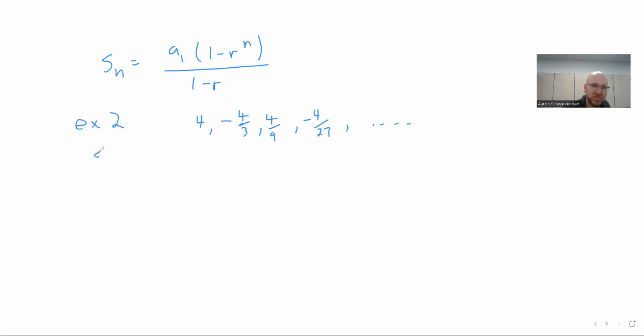I know the first value is 4, not 1. My common ratio appears to be negative 1/3. So I notice I'm alternating. This is called an alternating sequence, or it'll become an alternating series, where I'm alternating the signs. Again, this only applies to geometric. And there's lots of series that are not arithmetic or geometric, but those are the common ones. They're the most useful and the ones that have nice formulas. So we'll be using those.